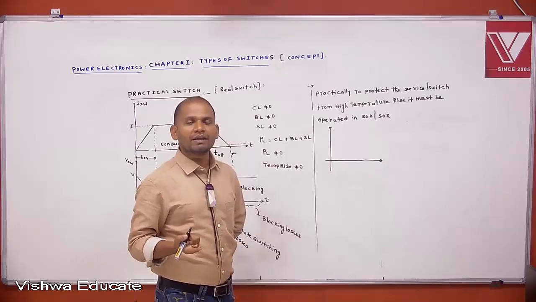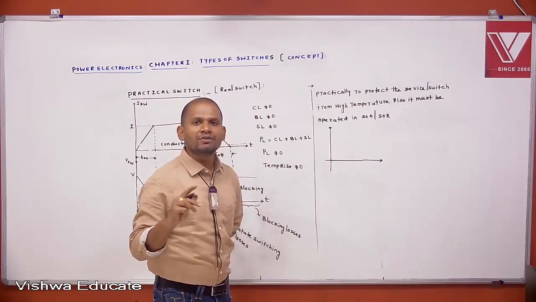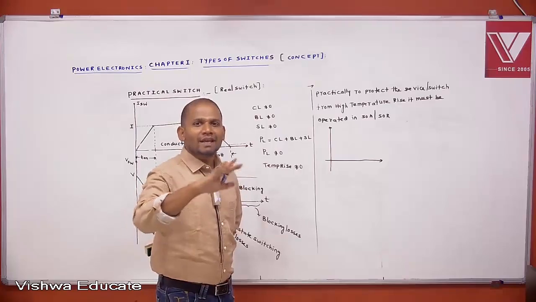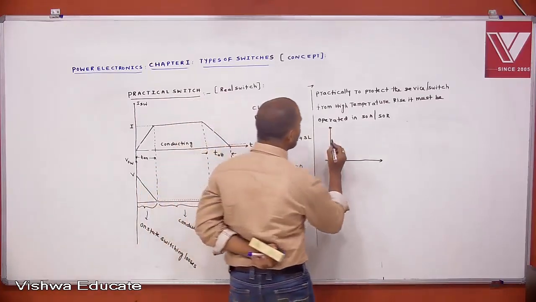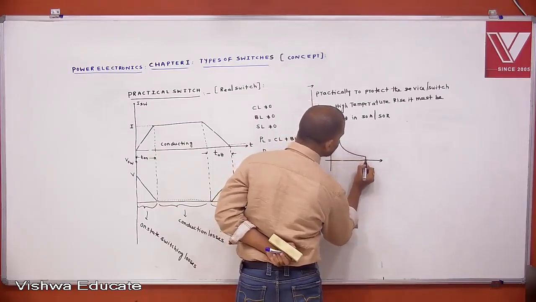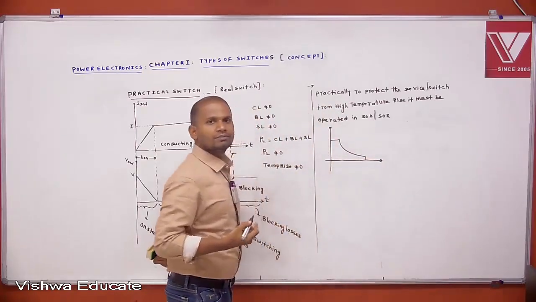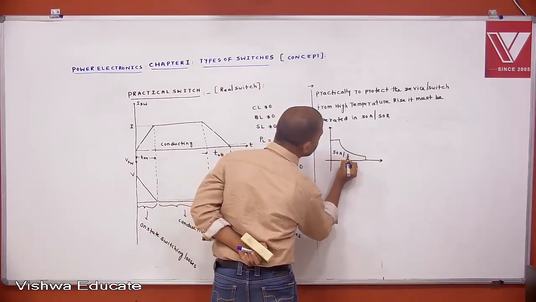Later on I will explain the safe operating area for different devices, and what that area indicates for different regions. But in general, this is a representation of the safe operating area or safe operating region. This is SOA or SOR.